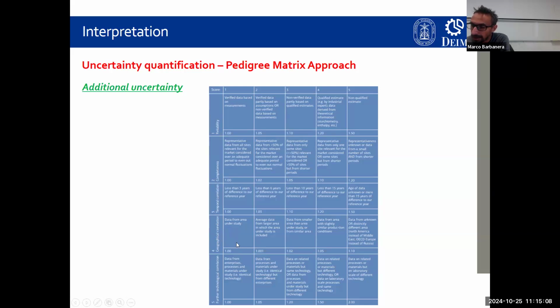If we want to define the square standard deviation for the geographical correlation, we have to define the quality of our data by using a score from 1 to 5.